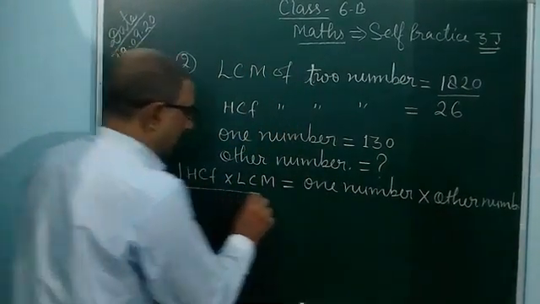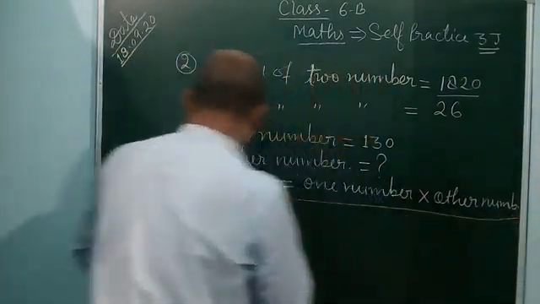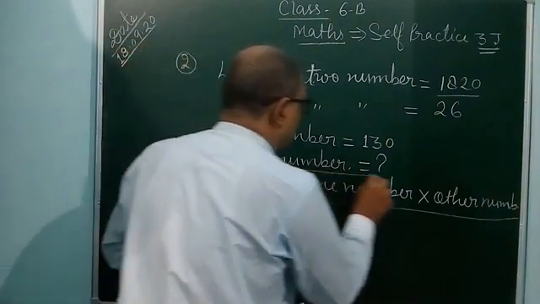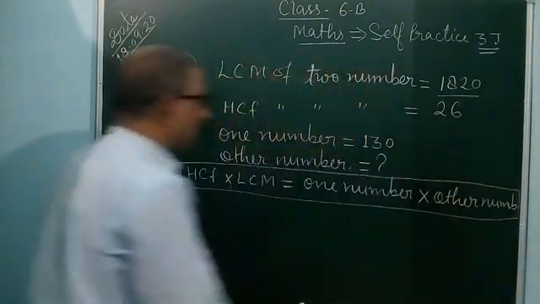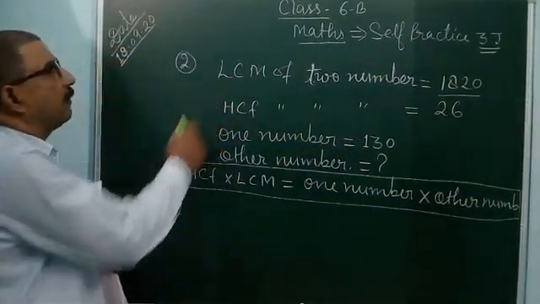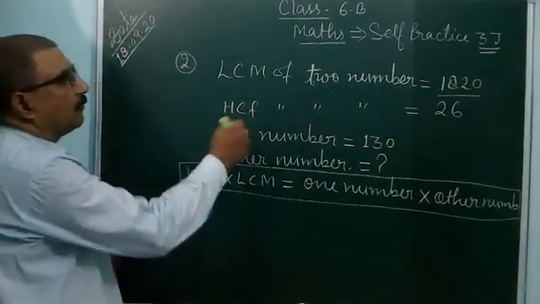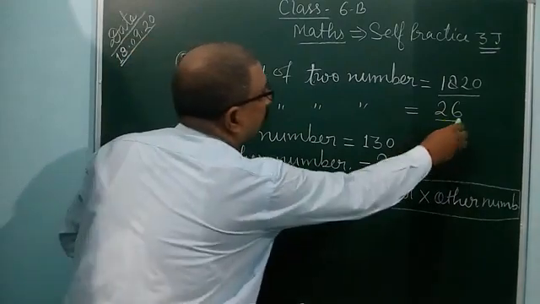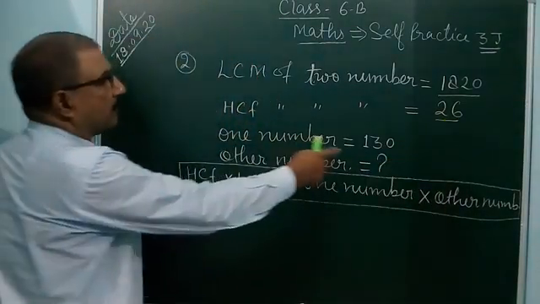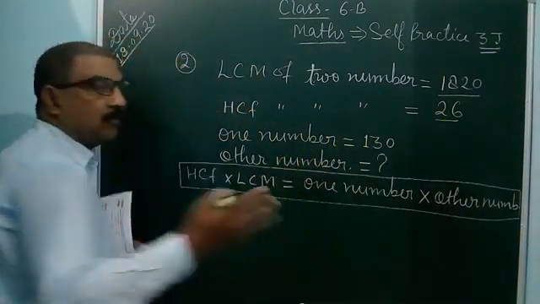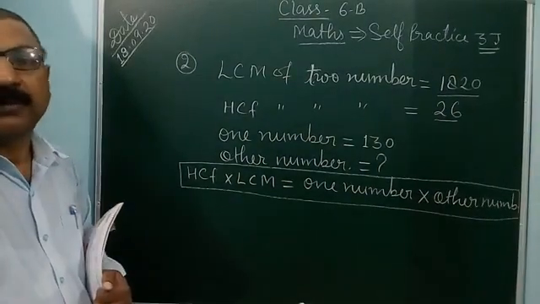Other number means second number. This is the main formula to solve this type of question. Here it is given LCM of the two numbers 1820, HCF of the two numbers 26, and one number is 130. So what will be the other number?